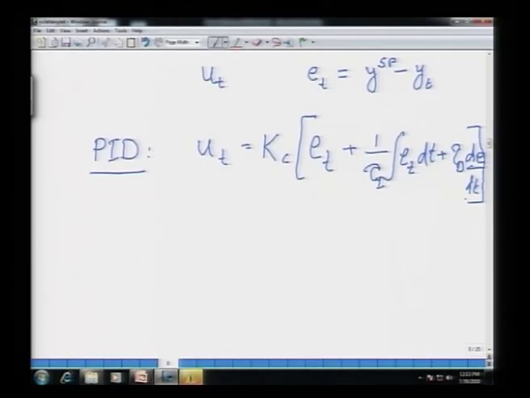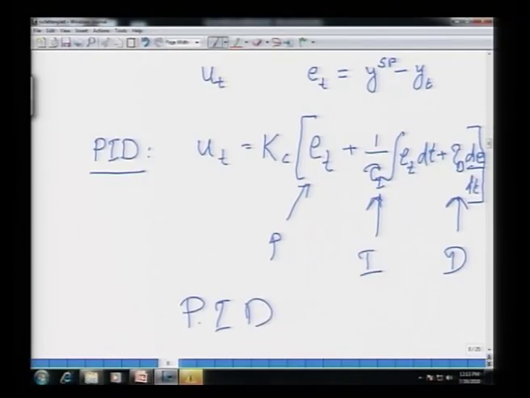Again, please forgive my handwriting, it is lousy and I do not see any scope of it improving. This is proportional action, this is integral action, and this is derivative action, hence the acronym PID controller.